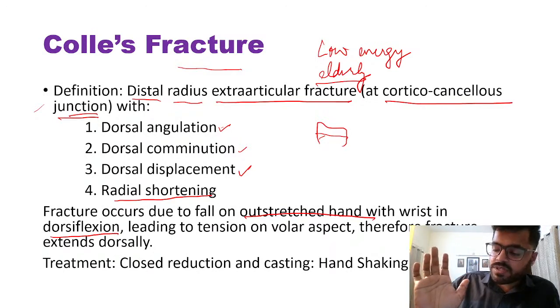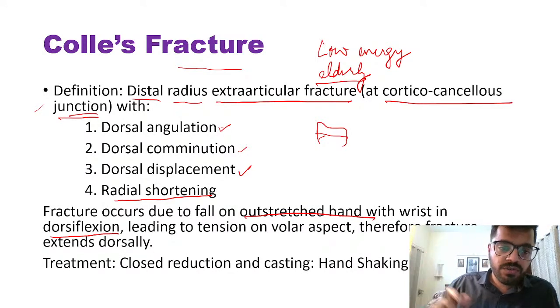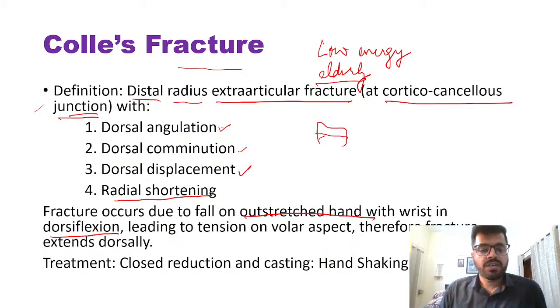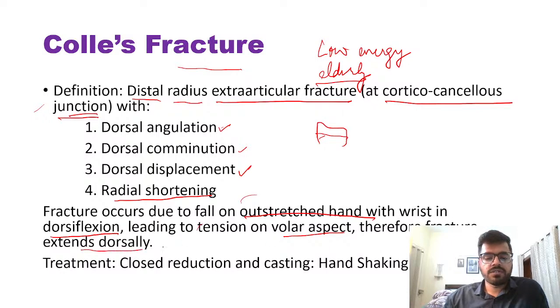The position of the hand was like this, so it went into dorsal angulation, dorsal comminution, and dorsal displacement along with shortening. There was tension on the volar aspect, therefore the fracture extended dorsally.